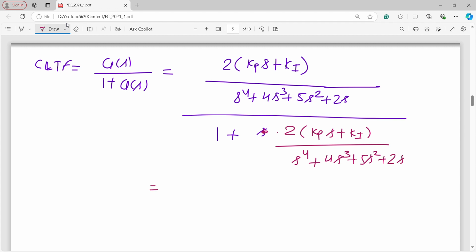Let us simplify. So 2 Kp s plus Ki. Okay, this denominator part you can assume like A, otherwise no need to assume, no problem. Okay, keep like that only. Divided by s power 4 plus 4s cube plus 5s square plus 2s.